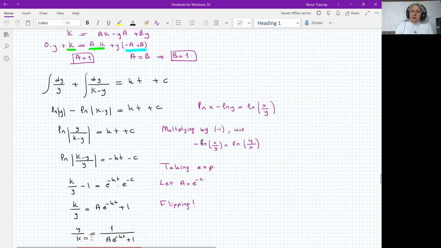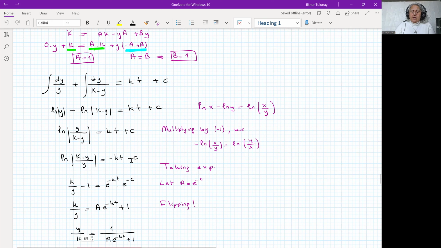It's always the coefficient of the logarithmic function that goes up to the power. So if you put the minus 1 on the power here, it means you're flipping the numerator and the denominator, so you have y over k minus y. From here to here, you're basically flipping the inside, and from here to here, minus kt minus c.